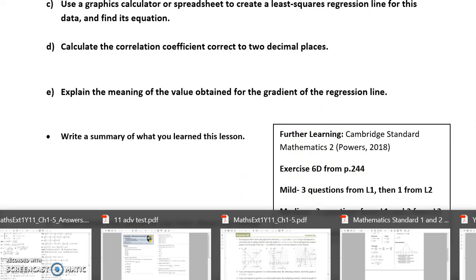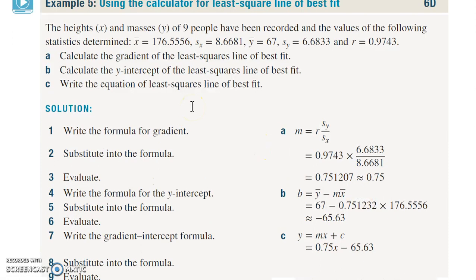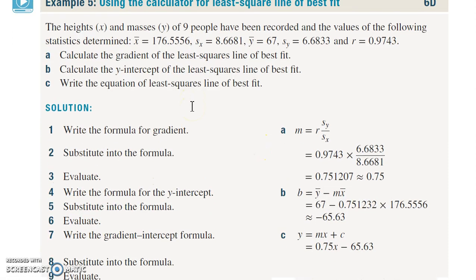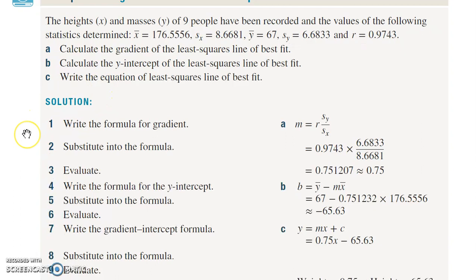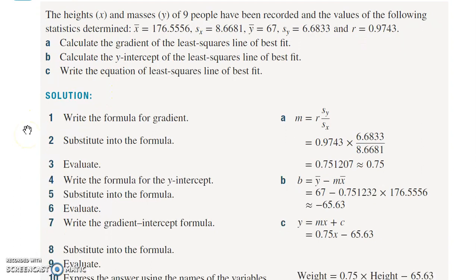Now there are some questions in 6D that are a little bit different to what I've showed you, particularly these sorts of ones here, but you're just substituting into the rule that I showed you. So if you have a read through the examples in your text, sometimes they ask you to work out the gradient using this method here, where you would have to use values that they've given to you. So they've actually got them worked out here, like the standard deviations.